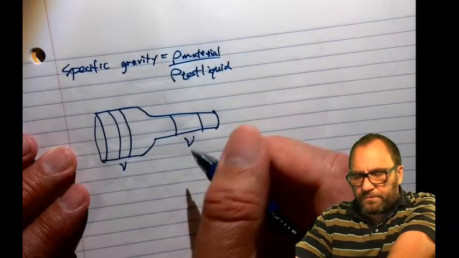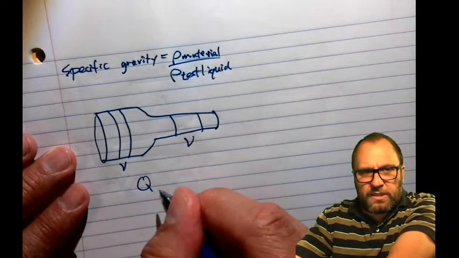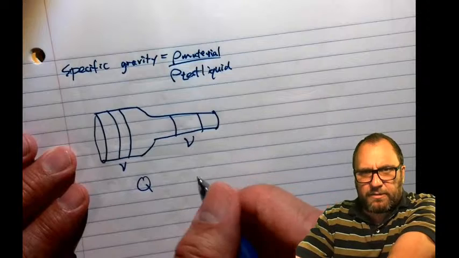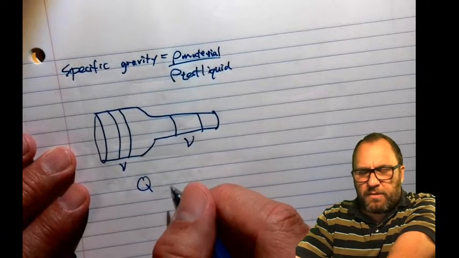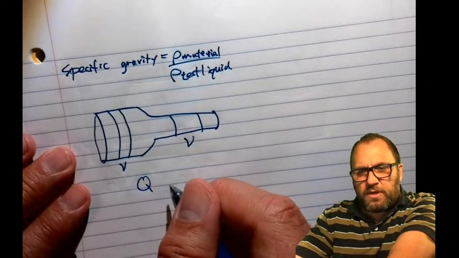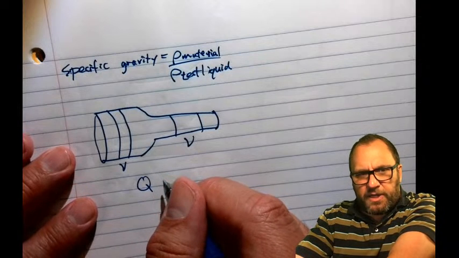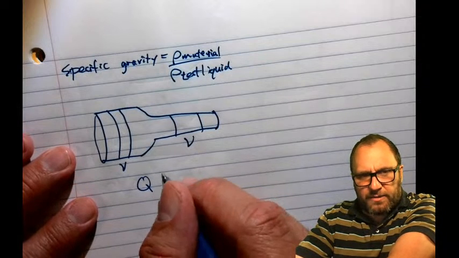Well, if Q is my flow rate, then this would be the amount of cubic meters of liquid per second. That's my flow rate.